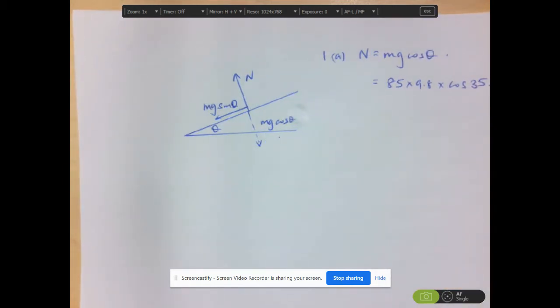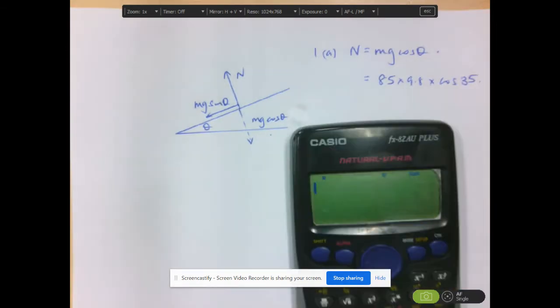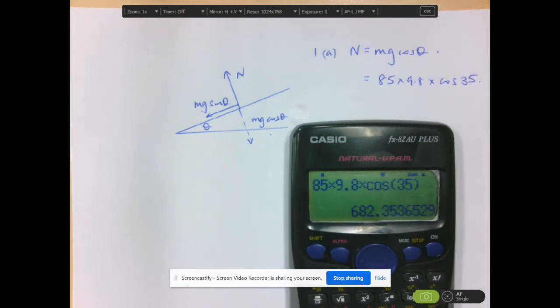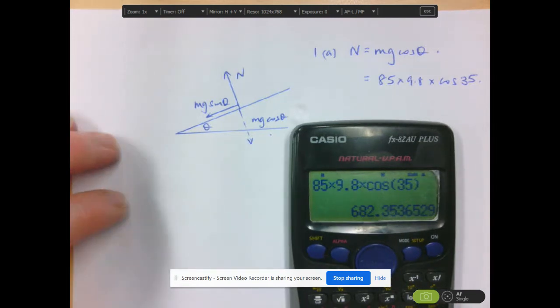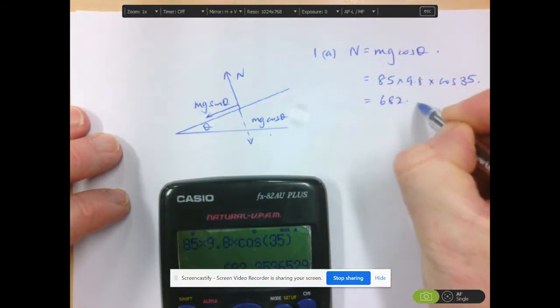Just getting my calculator, popping that in, we get 85 times 9.8 times cos 35. And then the normal reaction force would be 682.4 newtons.